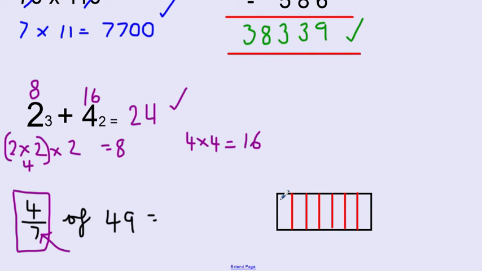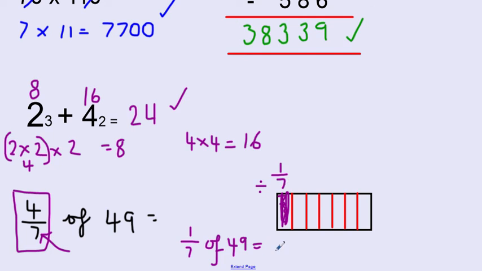So if I was to find out 1 part, or 1 out of 7, I'd have to divide the whole thing by 7, because I would be sharing it into 7 parts. So to begin with, I'm going to find 1/7 of 49. And to do that, I divide by 7.